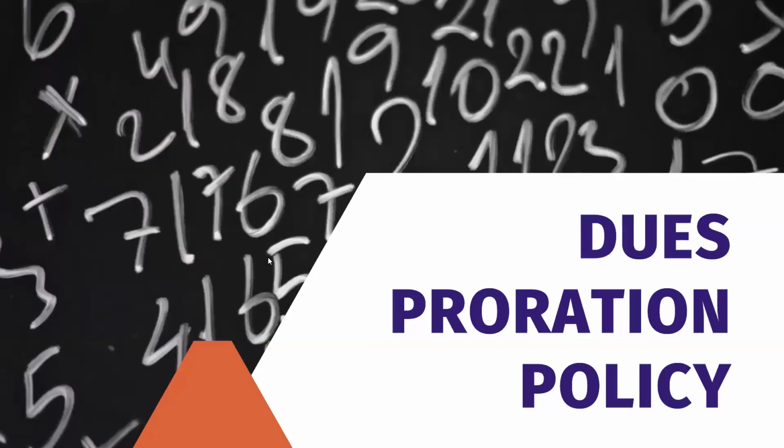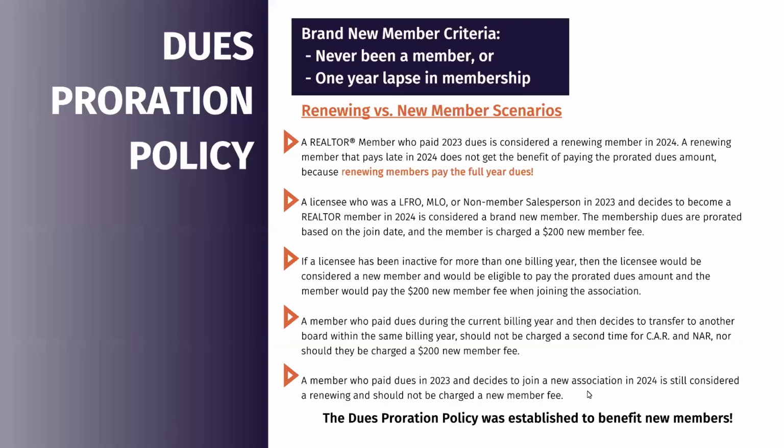All right, so let's talk about the dues proration policy. There's a lot on this screen, and basically we're just trying to identify the difference between a brand new member versus a renewing member. I'll read the first caption, which says, a realtor member who paid 2023 dues is considered a renewing member in 2024.